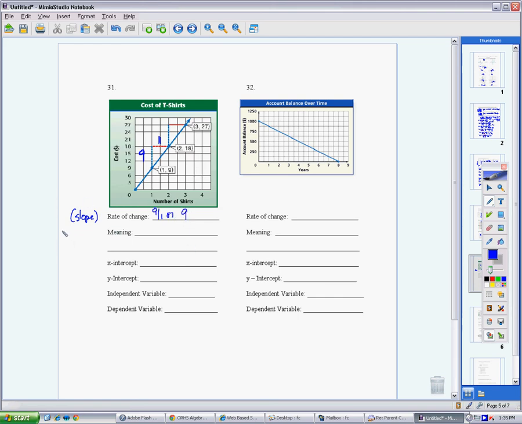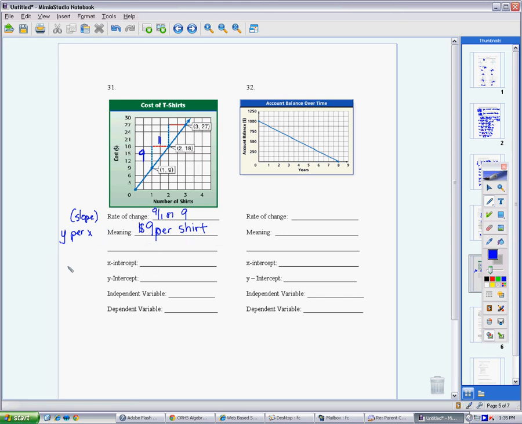Meaning, we use the general form y per x. So my y is cost. So it costs $9 per shirt. $9 per shirt.